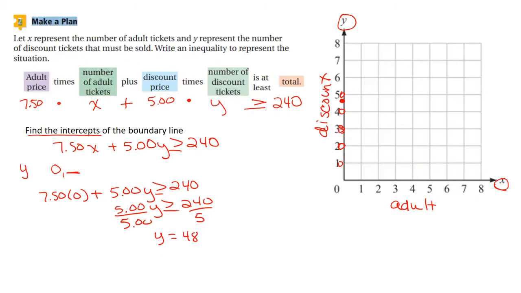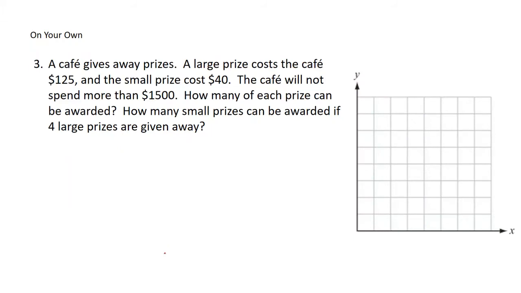All right, and let's find our x-intercept. So to find the x-intercept, we say what is x when y is 0? So that's going to be our point. Let's fill out our price again. We're going to say 7.50x plus $5 times y, and y is going to be 0.